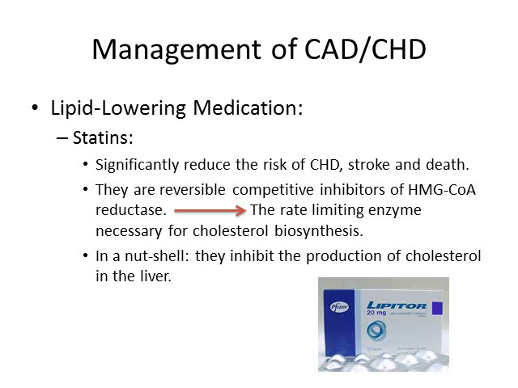The mechanism behind these medications is that they are a reversible competitive inhibitor of HMG-CoA reductase. What you need to know is that this particular enzyme is the rate-limiting enzyme necessary for cholesterol biosynthesis. So essentially, in a nutshell, they inhibit the production of cholesterol in the liver, which is a good thing.